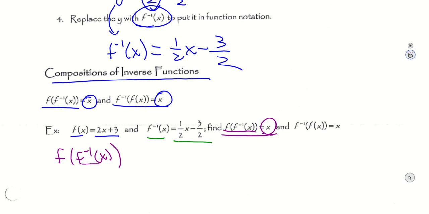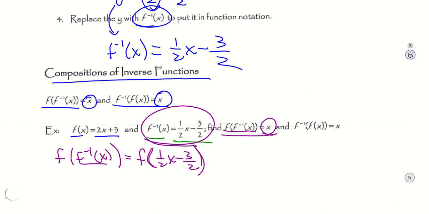We start with the inner function, which is 1/2 x minus 3 halves, so that would be f of 1/2 x minus 3 halves. Now we take what's inside the parentheses following f and put it where x is in f. So that would be 2 times my input, which is 1/2 x minus 3 halves, and then we have our plus 3.